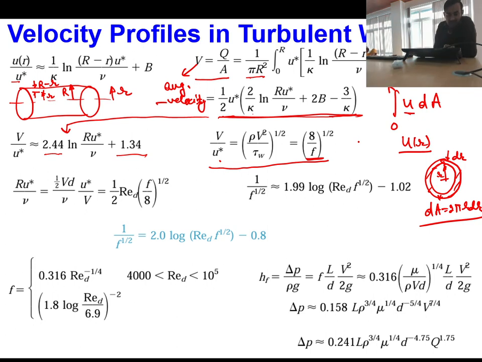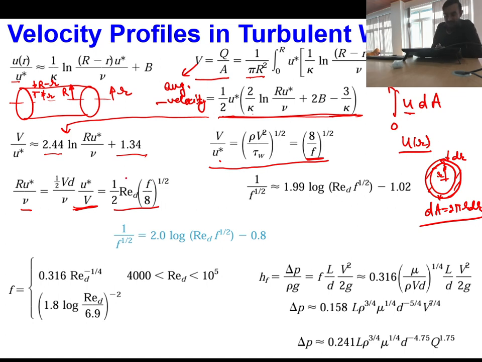Now, R u*/ν can be written in terms of (1/2)(V d/ν)(u*/V). So this particular formulation, if I substitute back over here, then I can write that my R u*/ν is nothing but equal to half of Reynolds number into (f/8)^(1/2).